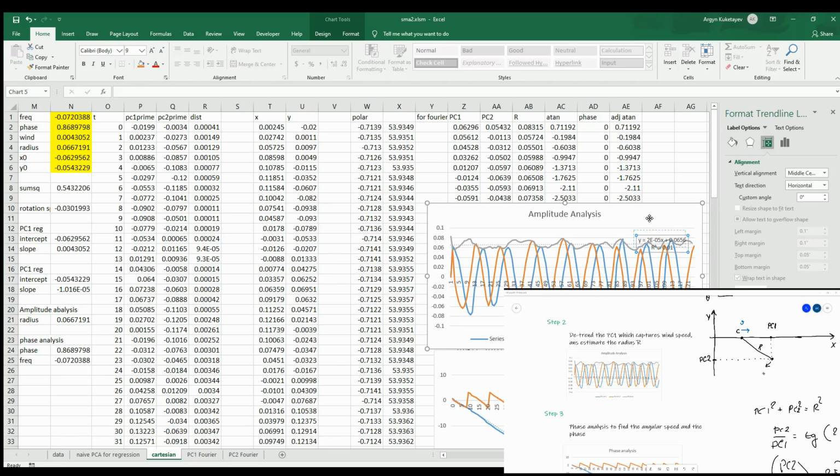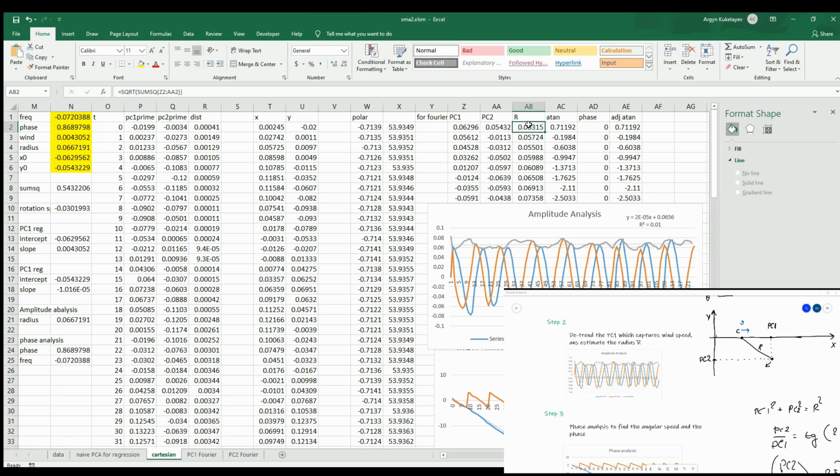Yeah, so it's a horizontal line, obviously, and it's a pretty small radius here, right? So then you get the average of this radius, and it happens to be like 67 meters approximately, 0.067 kilometers, right?